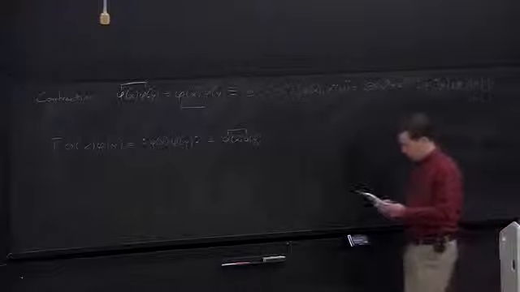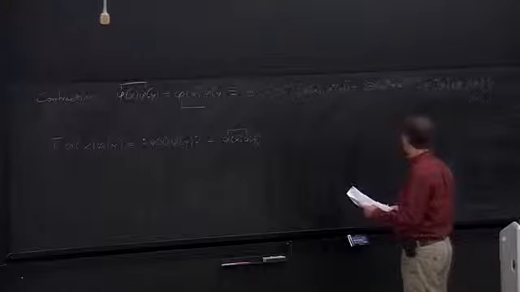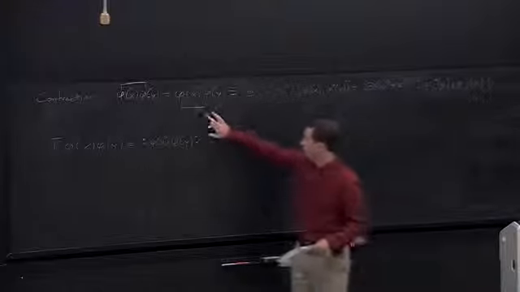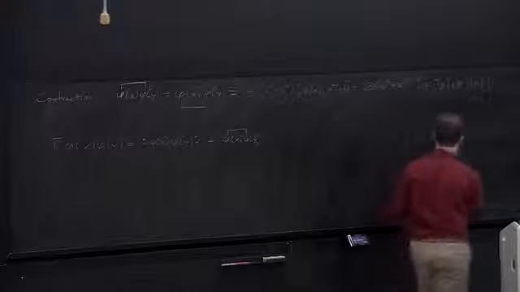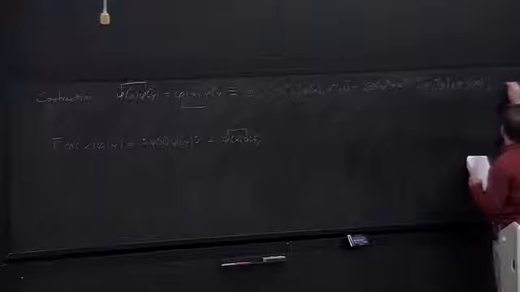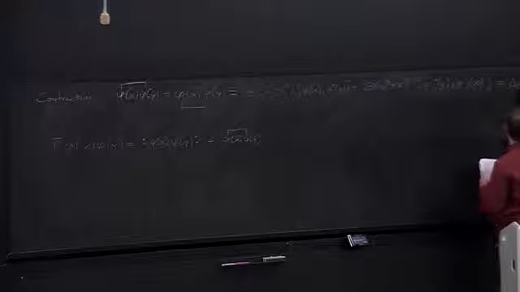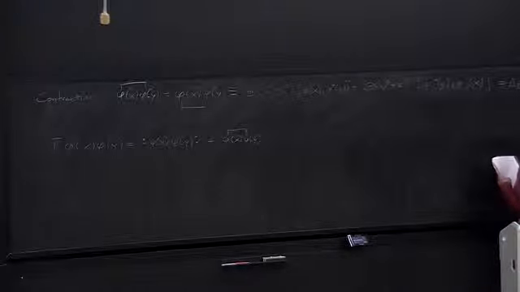So this contraction of two fields is the same expression we computed a few lectures ago. This is just the Feynman propagator from x to y.